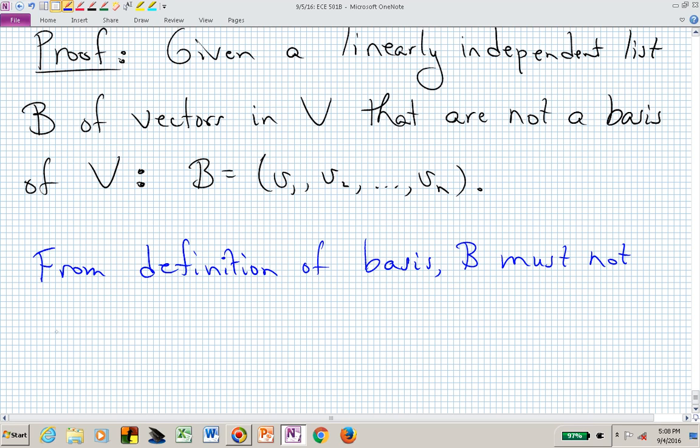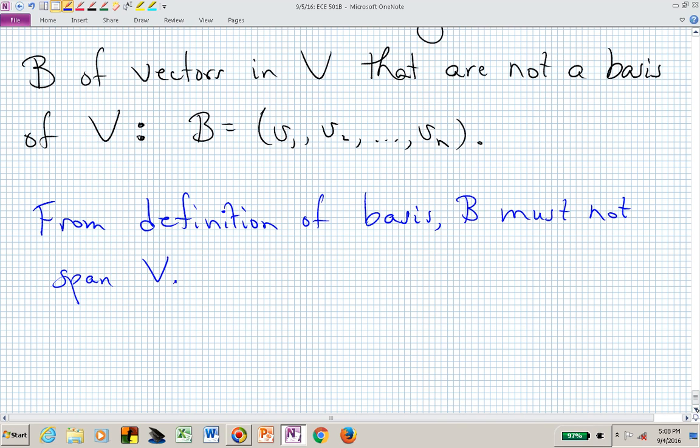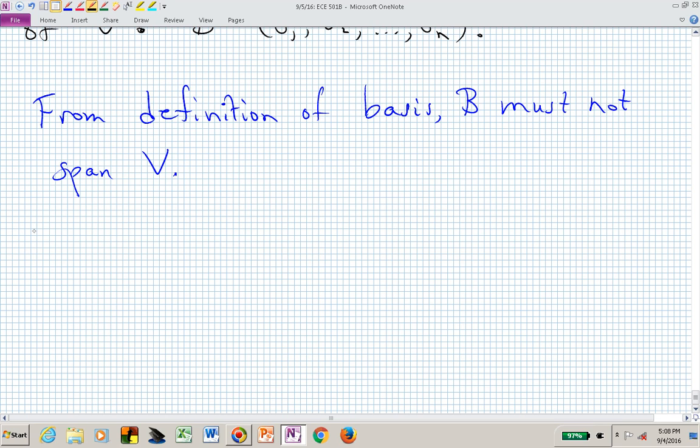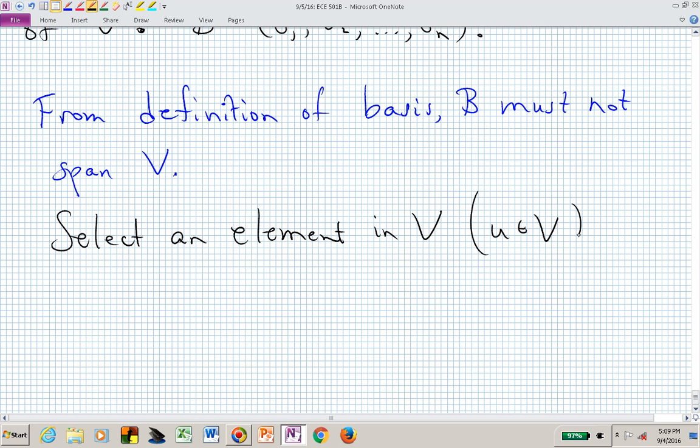So B must not span our vector space V. If that's the case, then let's select another vector or an element in our vector space V. Select an element in V, let's say that's U, element of V, such that this new element is not contained in the span of our originally assumed set of linearly independent vectors, or our list of linearly independent vectors, which we were labeling as B.